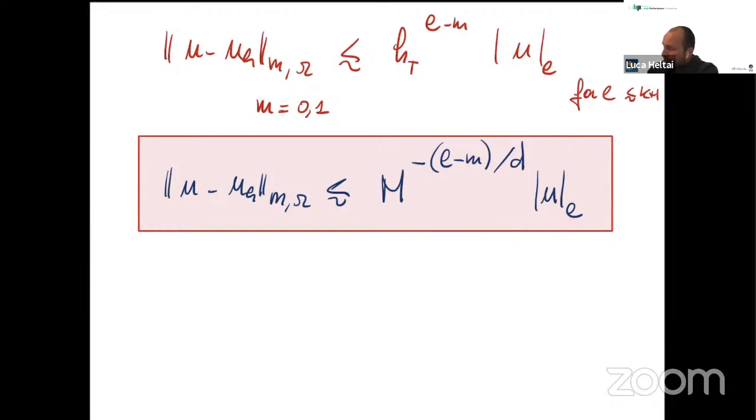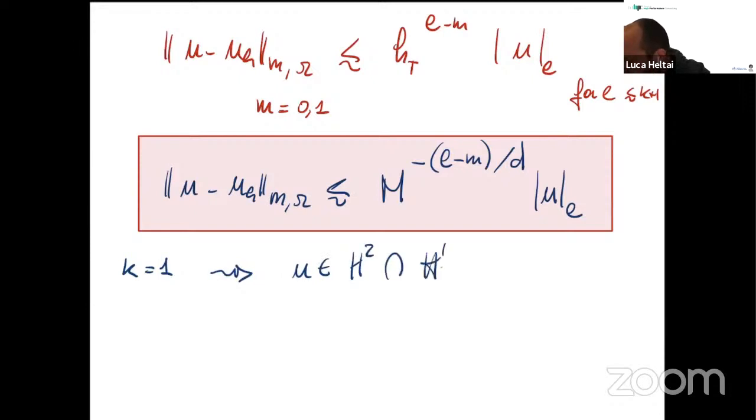And of course, you can have this up to order k plus 1. So if we want to make this practical, let's say for example that k is equal to 1, and let's assume that u is in H2 intersected H^1_0. So it's a function which is 0 on the boundary and it's H2 everywhere else.